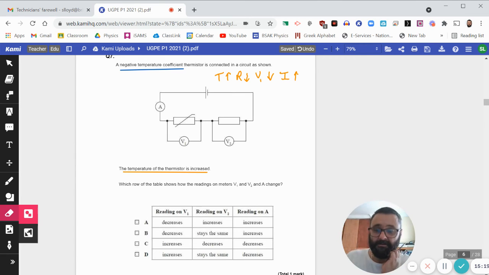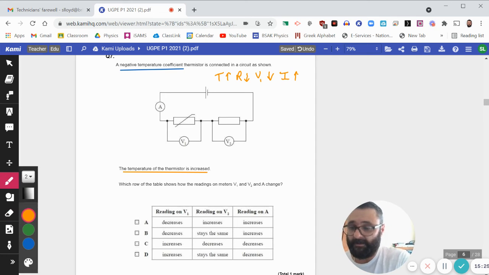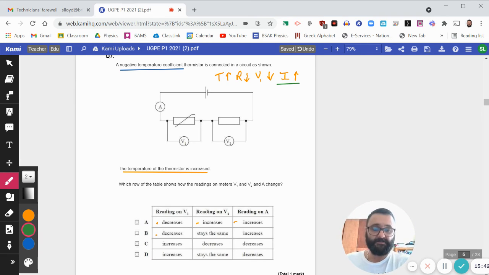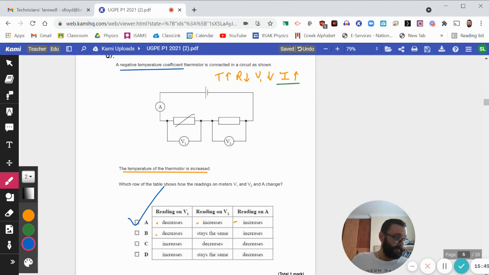Reading on V1 it decreases, doesn't it? So A or B. If V1 goes down, V2 must go up because it's a potential divider. And the reading on the ammeter also goes up. We knew that as well, didn't we? Okay, so the answer is A.